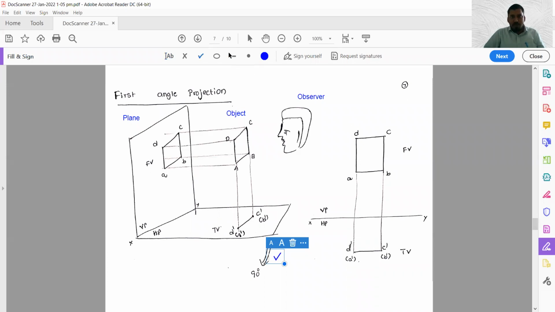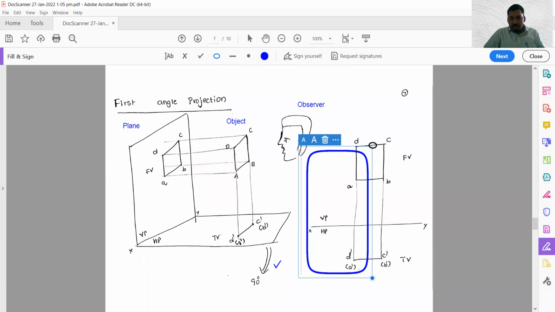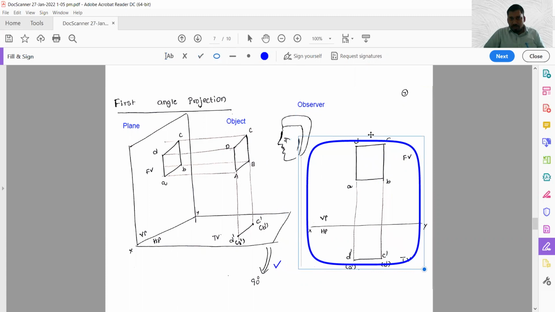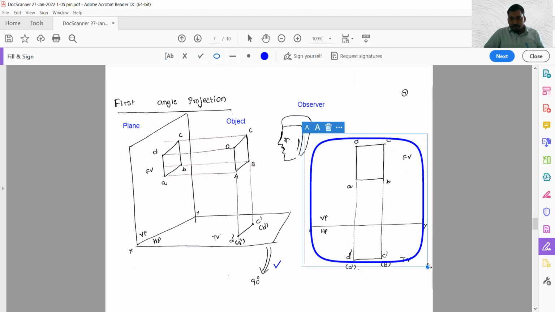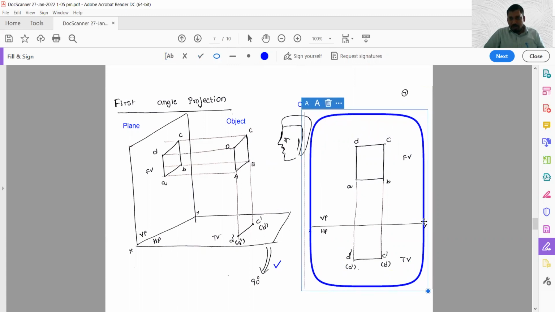So this is the diagram to be followed on your drawing sheet.